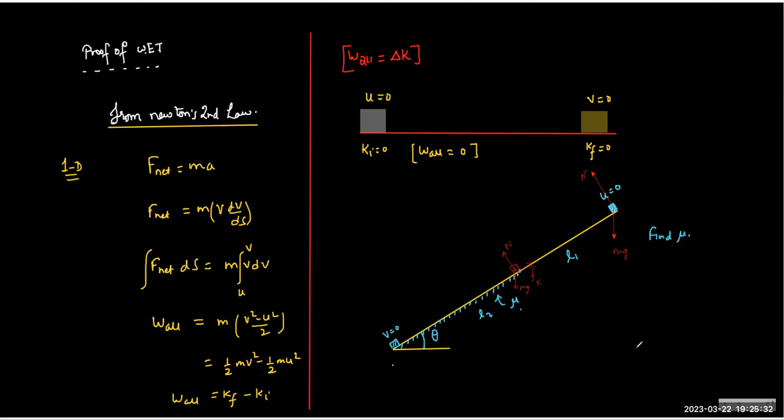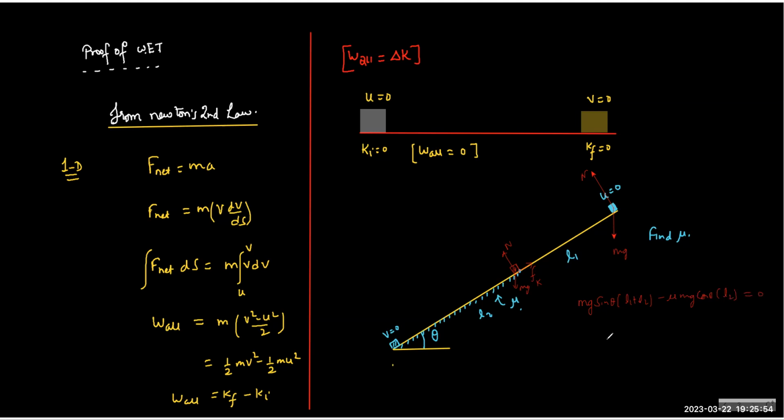Okay, tell me. So mu is equal to tan theta into (L1 plus L2) by L2. So this is what you wrote, right?